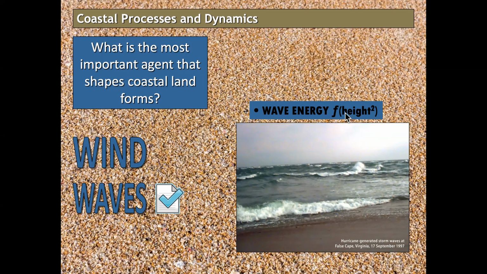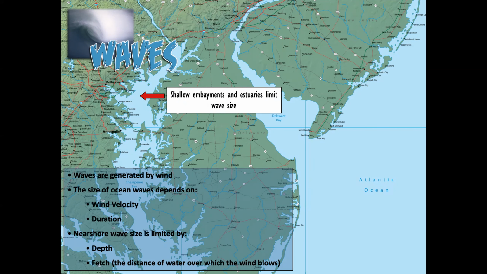Wind waves are generated by wind, and that is a function of wind velocity, duration, and basically the depth and the fetch. Fetch is the distance of water over which the wind blows. So if the wind is blowing over Delaware Bay, it can only blow over this small area.